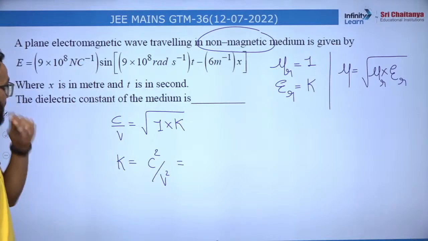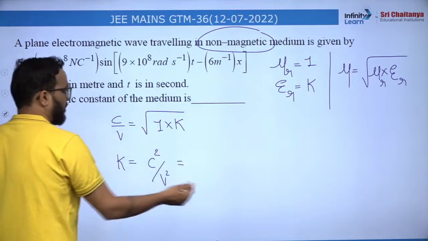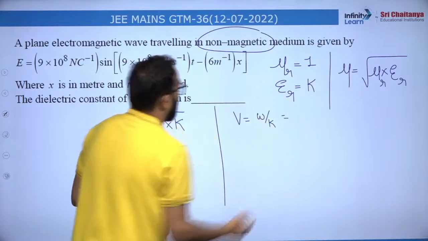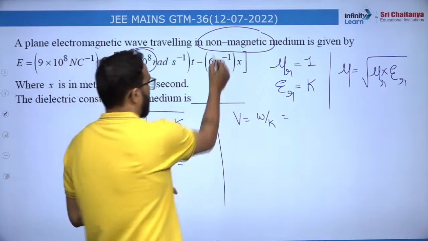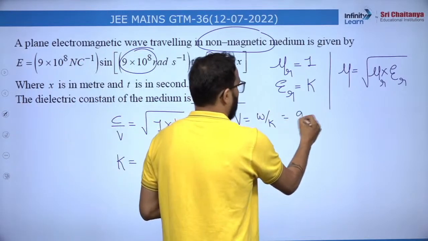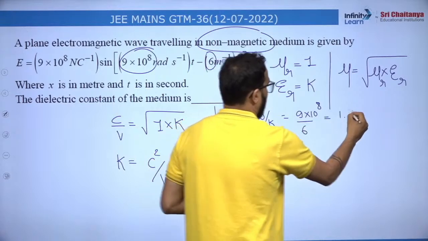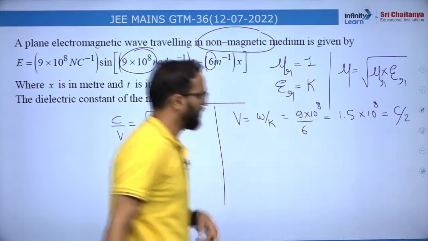Now what is V? V is omega by k. If you see here, omega is this, and k is this, 6. So you will say 9 into 10 to the power 8 upon 6. So it is 1.5 into 10 to the power 8, which is C by 2, I guess.